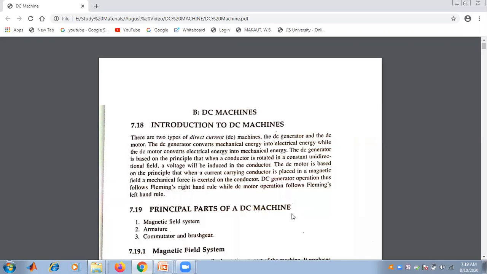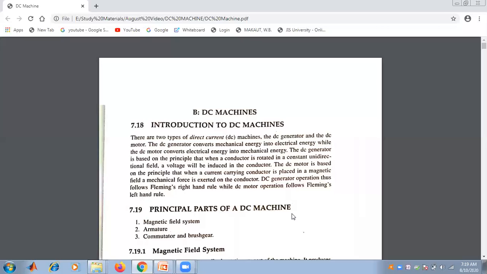DC generator is based on the principle that when a conductor is rotated in a constant unidirectional field, a voltage will be induced in the conductor.